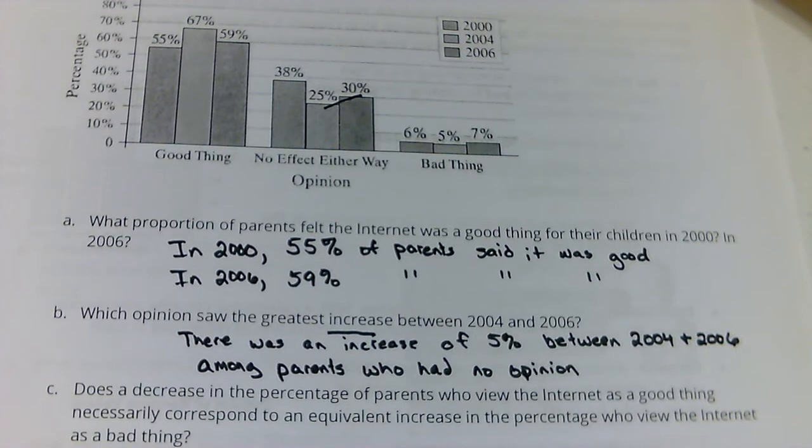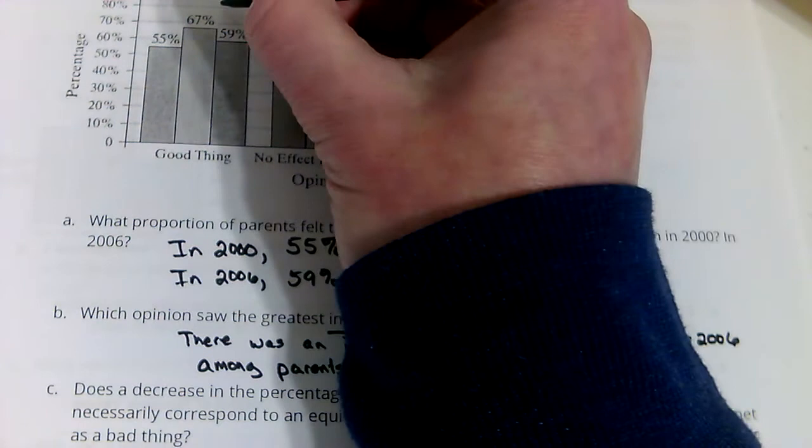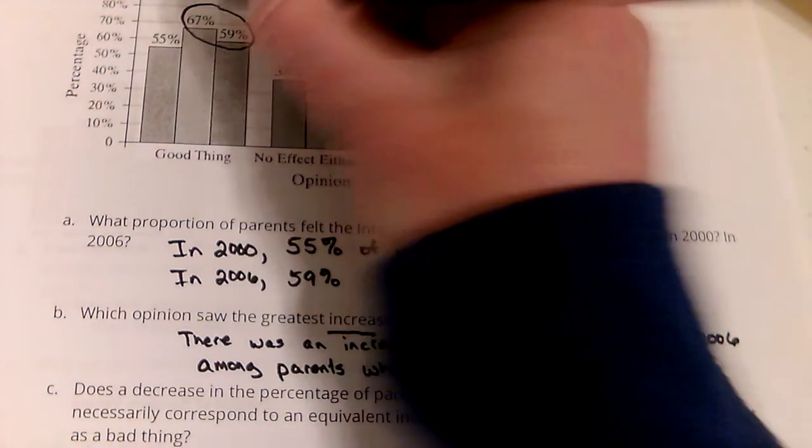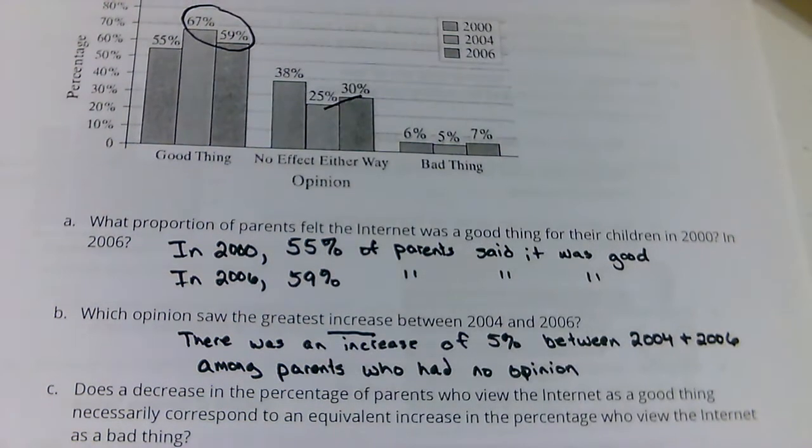Does a decrease in the percentage of parents who view the internet as a good thing, so right here we have a decrease, necessarily correspond to an equivalent increase in the percentage who view the internet as a bad thing?